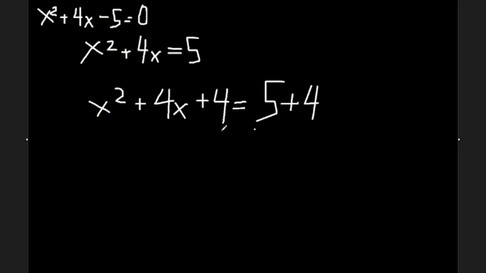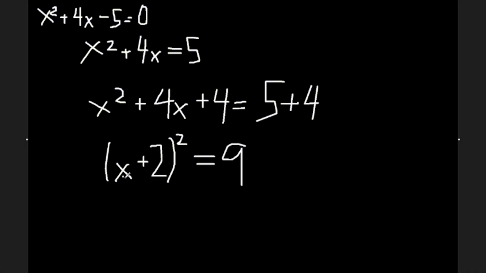If you were paying attention earlier, you can just factor the left side of the equal sign. So we get x plus 2 squared equal to 5 plus 4, which is equal to 9. So we get x plus 2 squared equals 9.